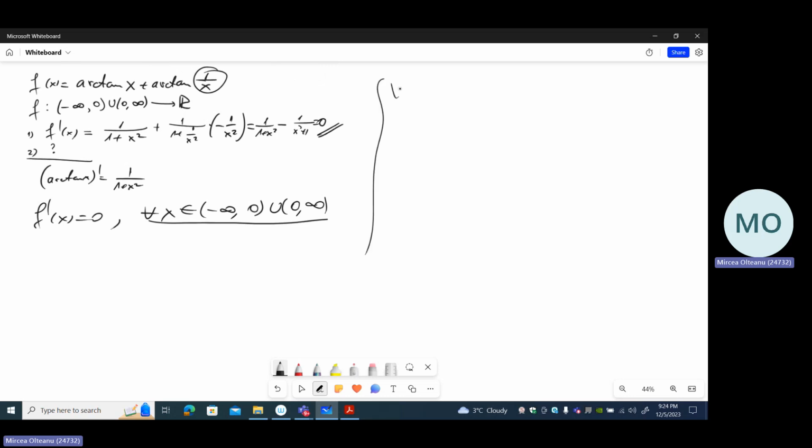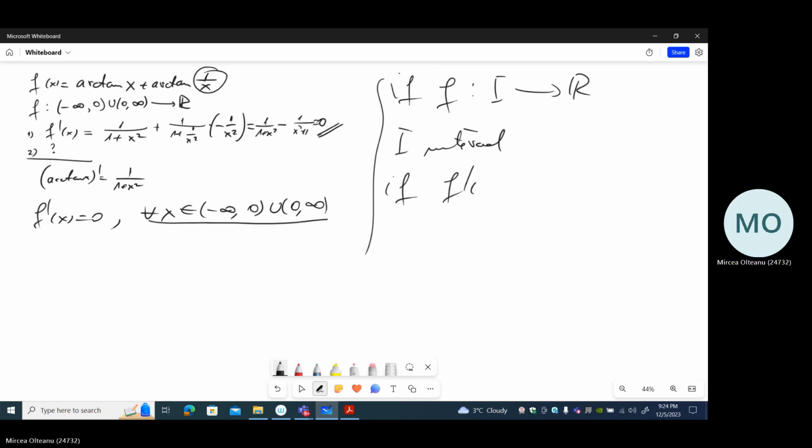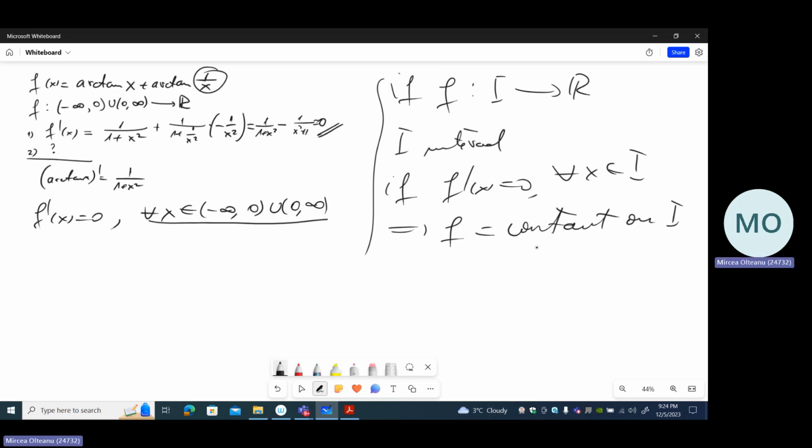If f is a function defined on some interval, so the set I is an interval, and if its derivative is 0 everywhere on this interval, then the function f is constant on the interval I, so it's a constant function.